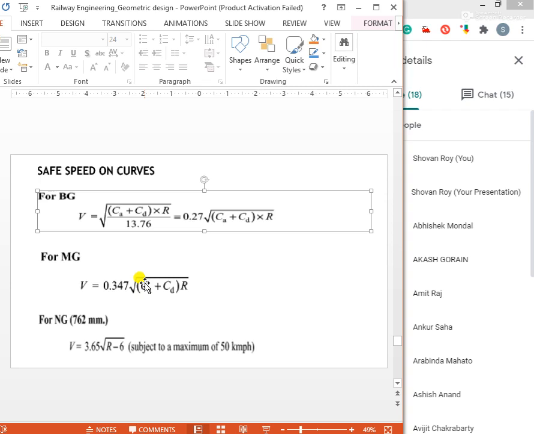And along with super elevation, the speed of the train is necessary to find out. So one is super elevation that is needed, another is the speed of the train. Both things are important for designing.